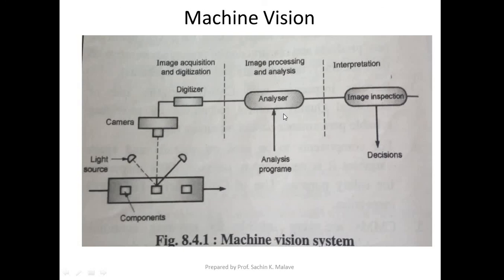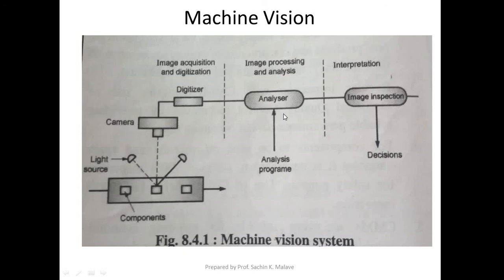How is this carried out? The segmentation is done in two ways, thresholding and edge detection. Thresholding involves the conversion of each pixel level into a binary value representing black or white.